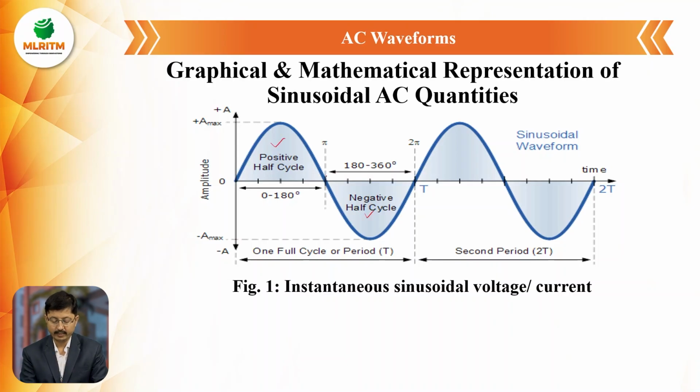The quantity, which has magnitude and direction, is changing with respect to time. Each half cycle is pi radians or 180 degrees. One complete cycle is completed when it completes one revolution, that is 2 pi radians or 360 degrees.